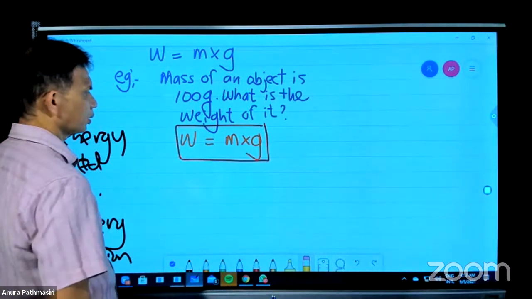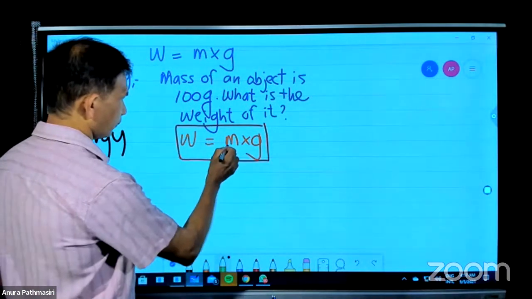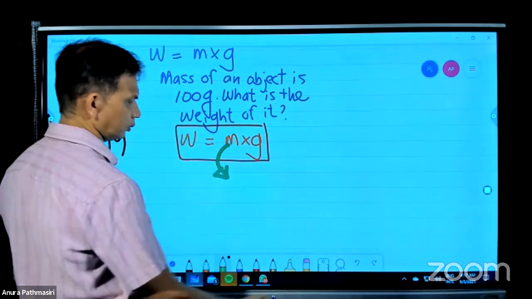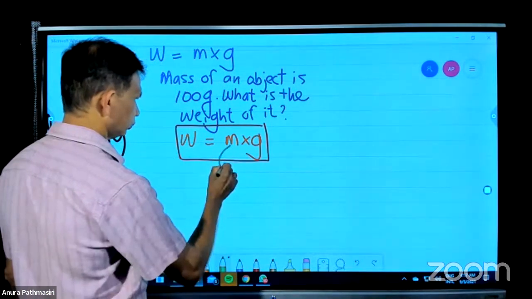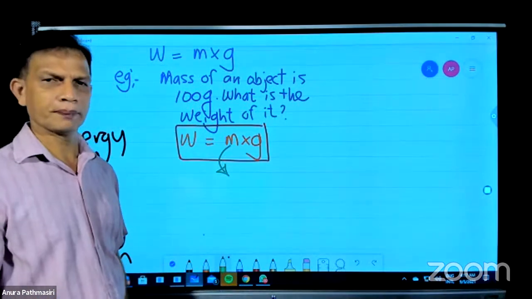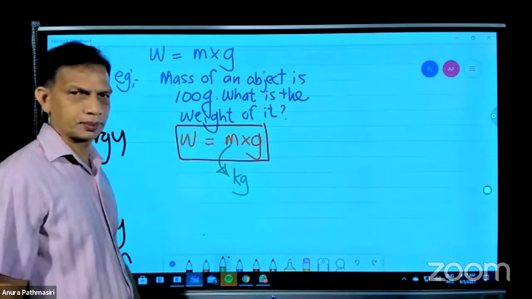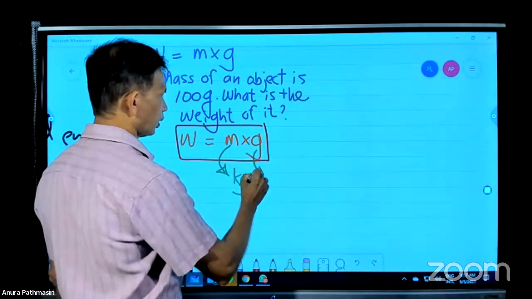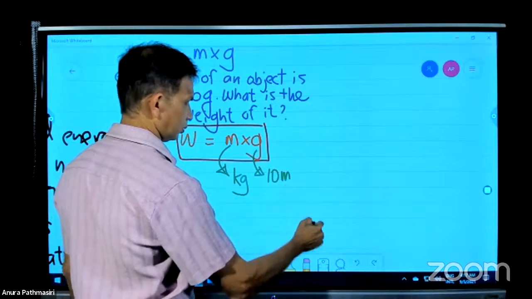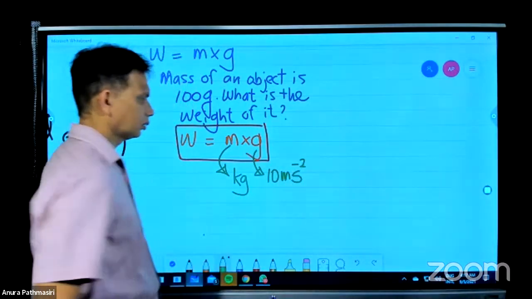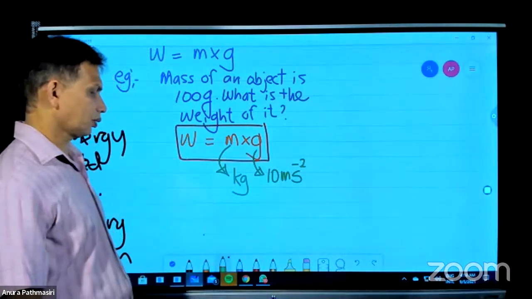One thing that we must consider is that the mass should be taken in kilogram. Gravitational acceleration is 10 meters per second squared. The mass should be in kilogram, and this should be meters per second squared.